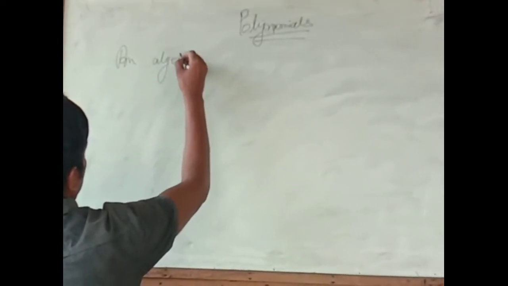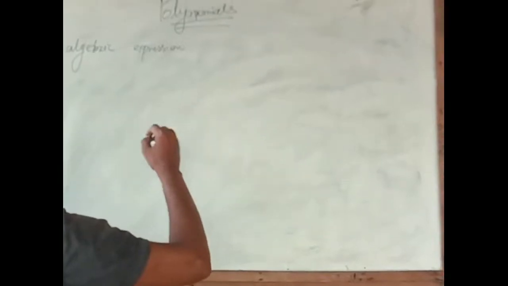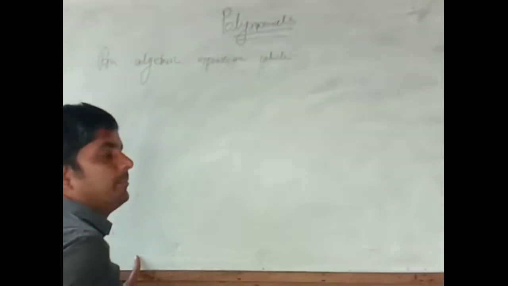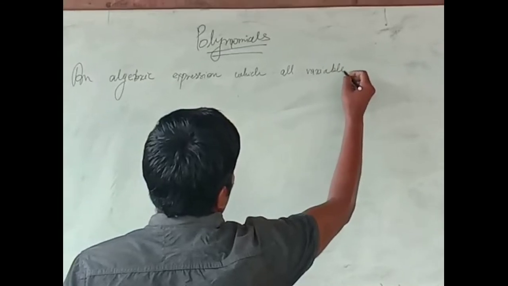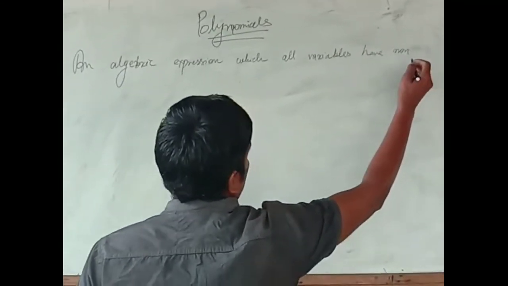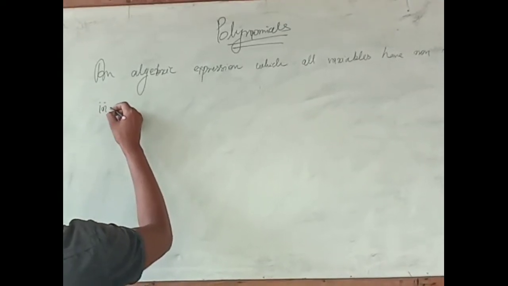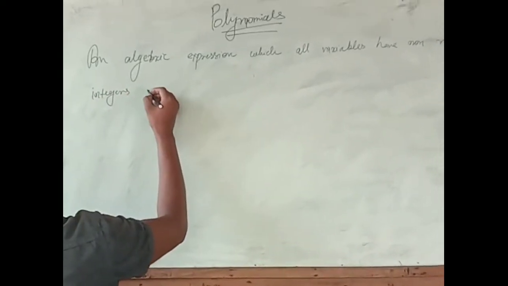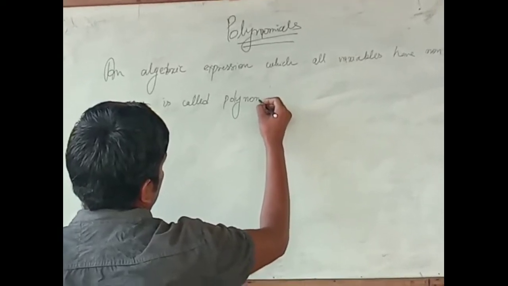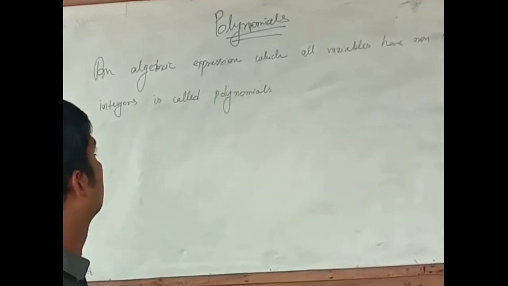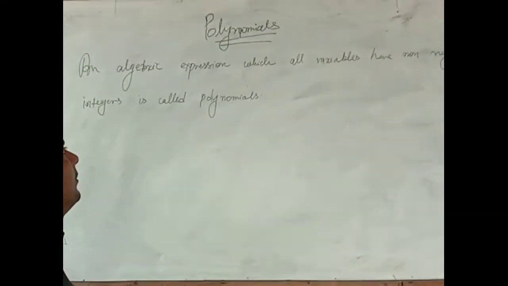An algebraic expression in which all variables have non-negative integer exponents is called a polynomial.